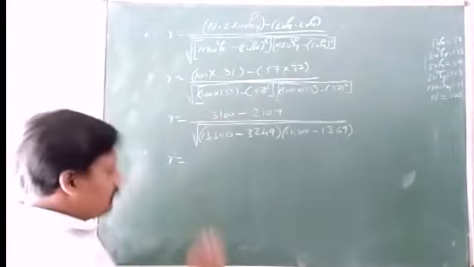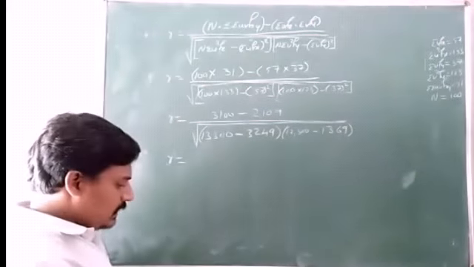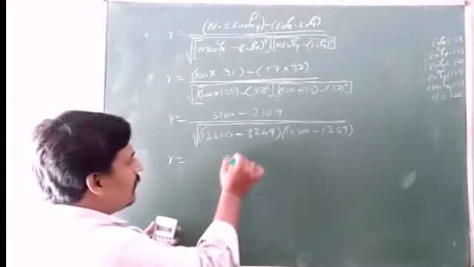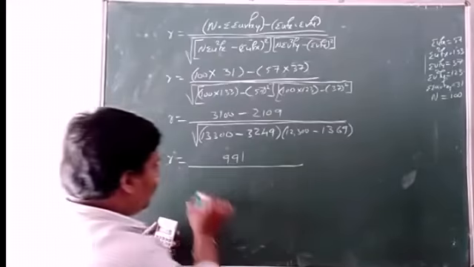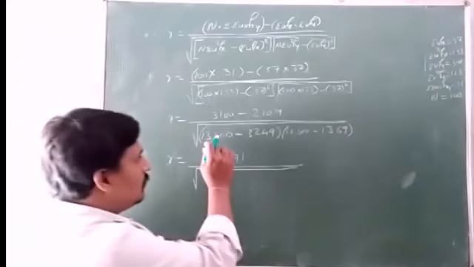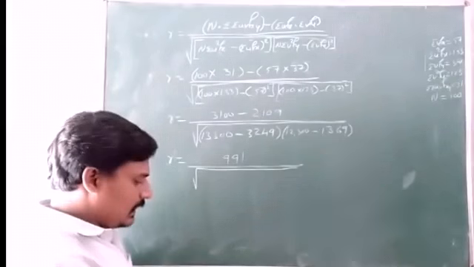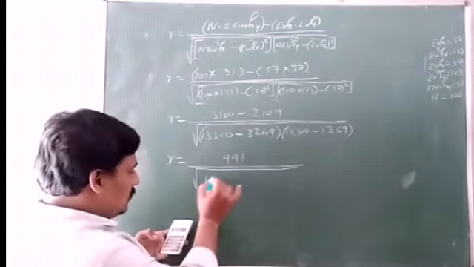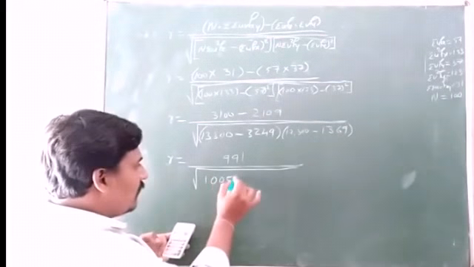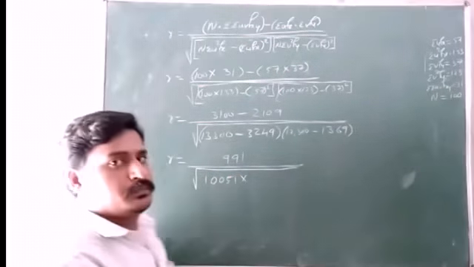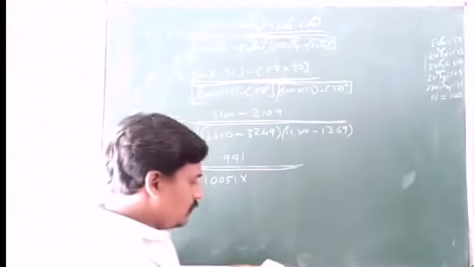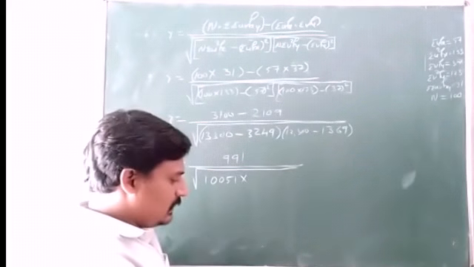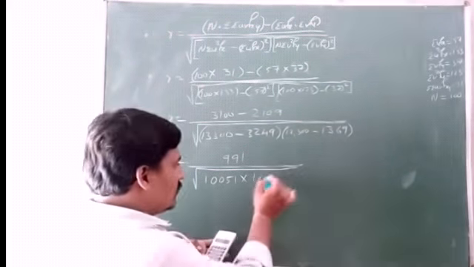Now, the difference between these two: 3,100 minus 2,109 is 991, divided by root of 13,300 minus 3,249, that is 10,051, into 12,300 minus 1,369, that is 10,931.